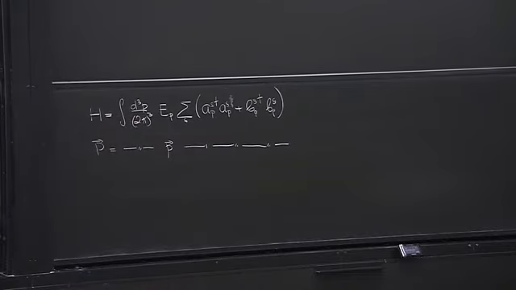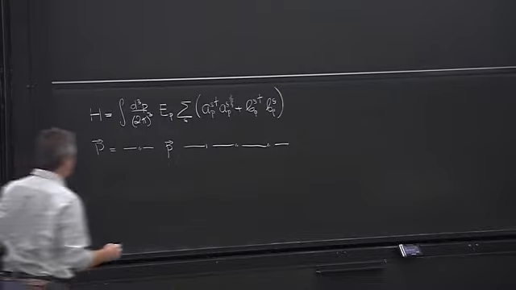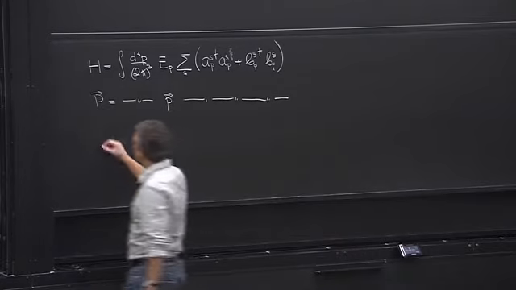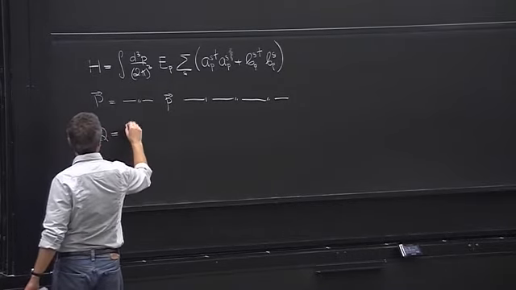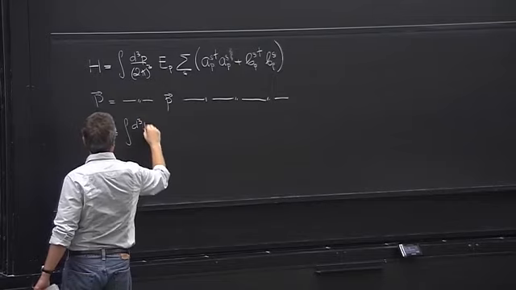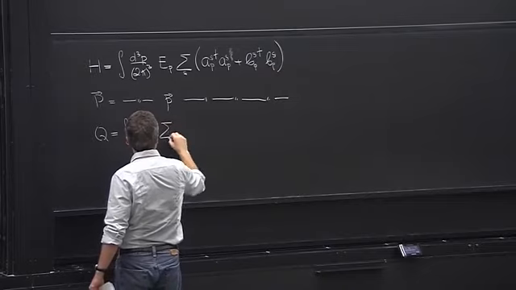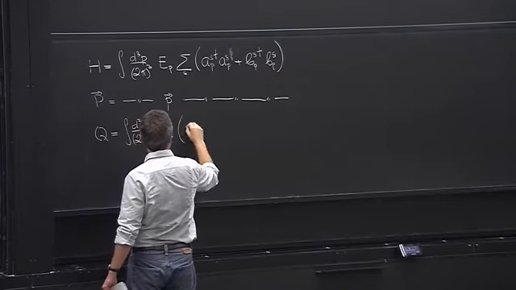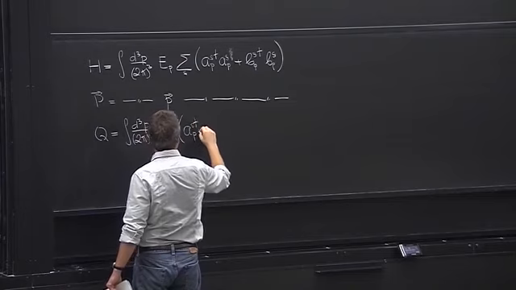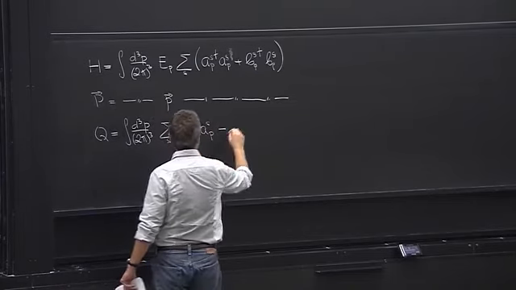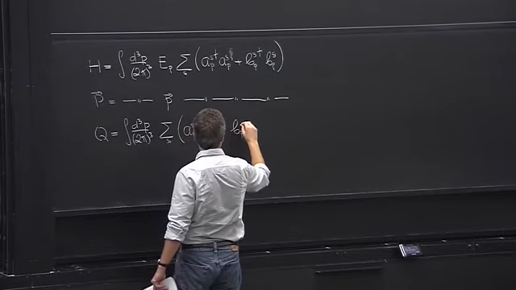The new ingredient here is that we also have an extra conserved charge Q, for which we get a little bit different expression. It will again be expressed in terms of particle densities, but there will be a relative sign between the A oscillators and B oscillators.